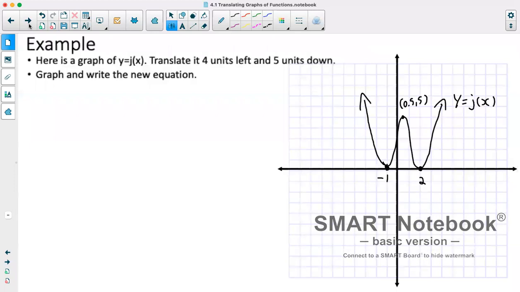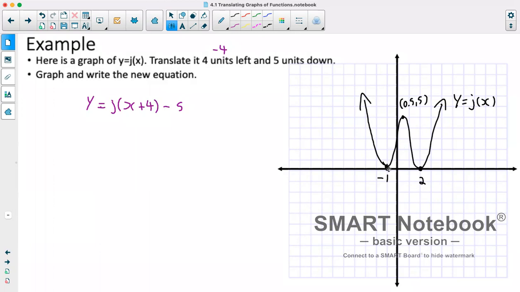So, for example, here is a graph of g of x. Translate 4 units left and 5 units down, graph it and write our new equation. I'll start with our new equation. We've got y equals g of x, and then it's 4 units left, so that's a -4. So we've got minus -4, so +4. And then 5 units down, so -5.